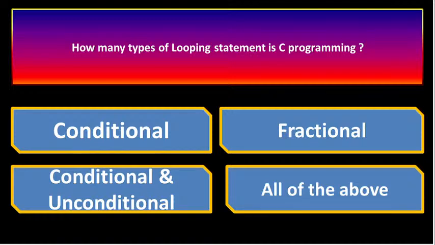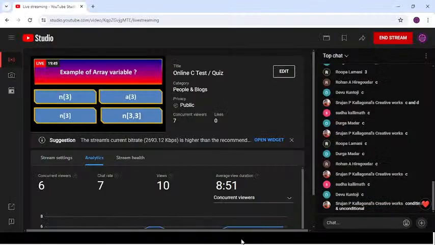The first one is conditional, the second one is fractional, the third one is conditional as well as unconditional, and the last one is all of the above. Okay, the third option is the right answer.